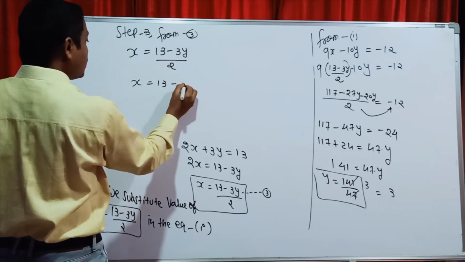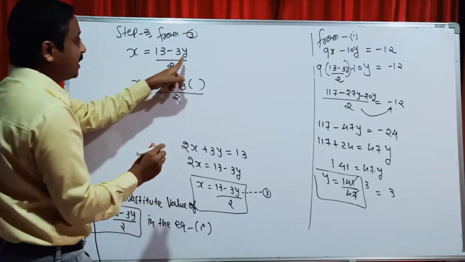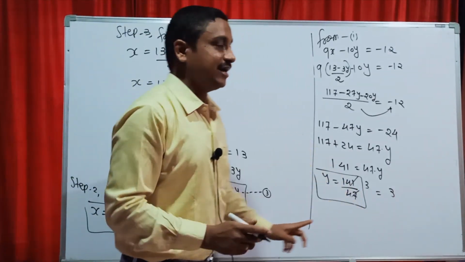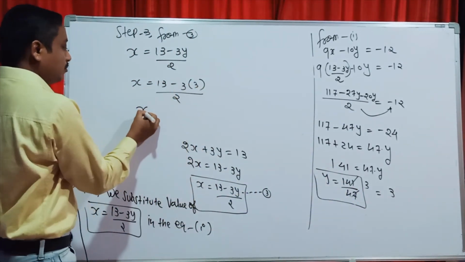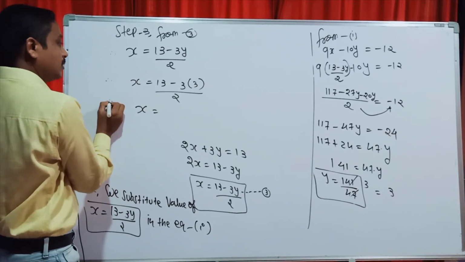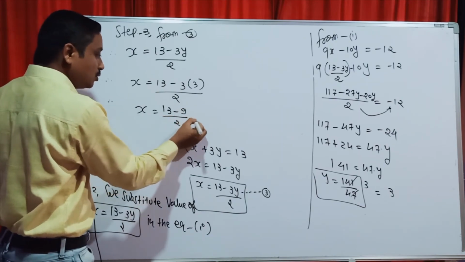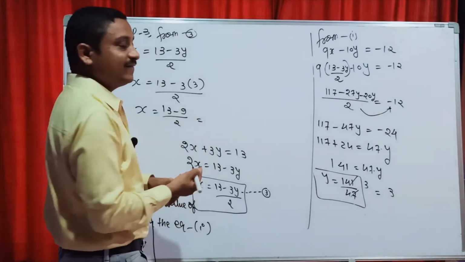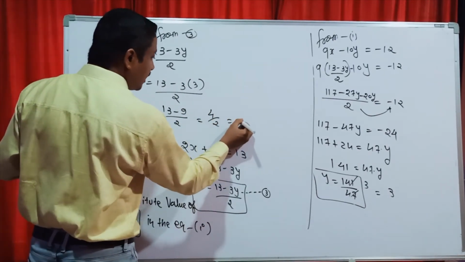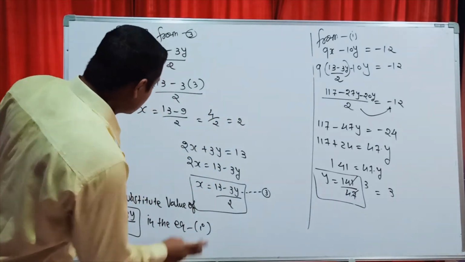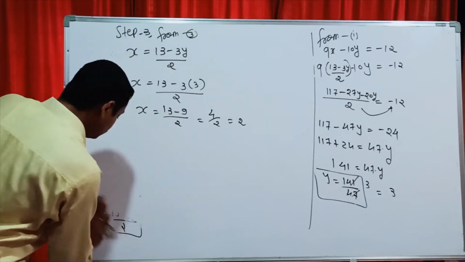Put down the value for y. What is y? Yes, it is 3. So my answer is finally 13 minus 3 3s are 9, by 2. How much is 13 minus 9? It is 4. And 4 by 2, your answer is just 2 here.